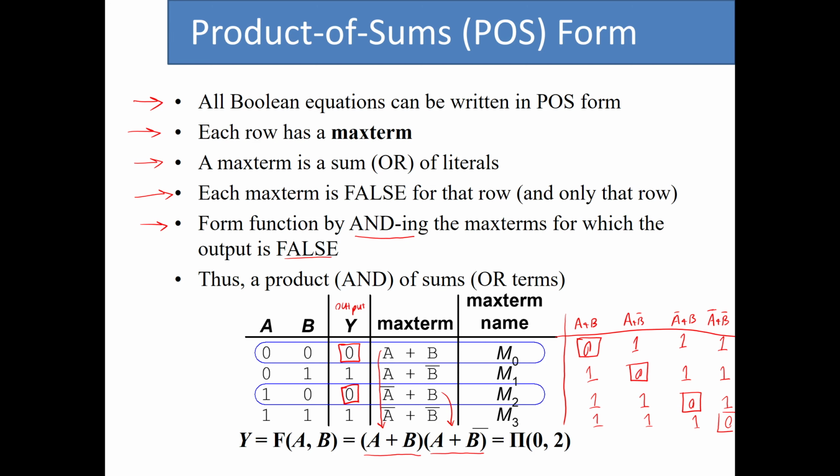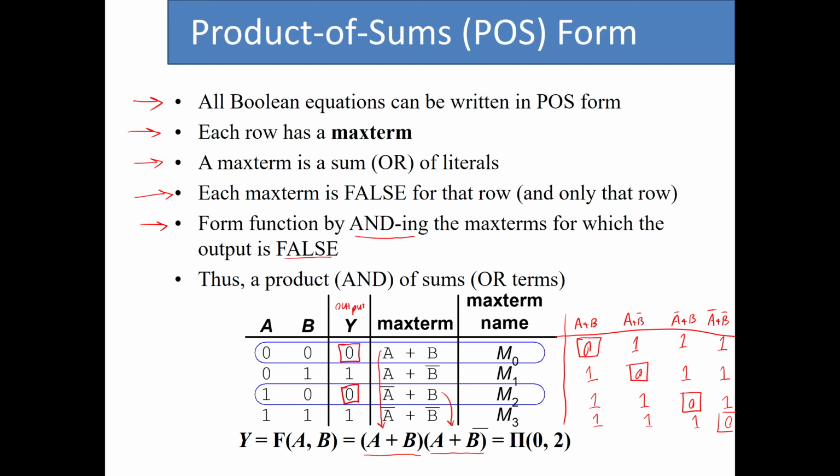One thing that you probably noticed is that everything is completely opposite from the sum of product form. So first of all, in sum of product form, the min terms were true for one specific row. Here, the max terms are false for one specific row. In sum of product form, you were looking for rows for which the output is 1.